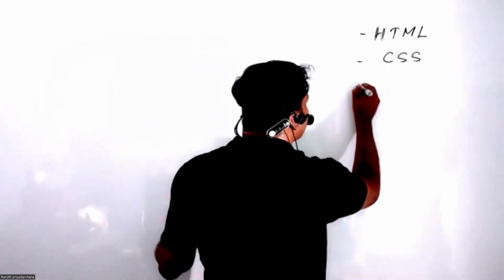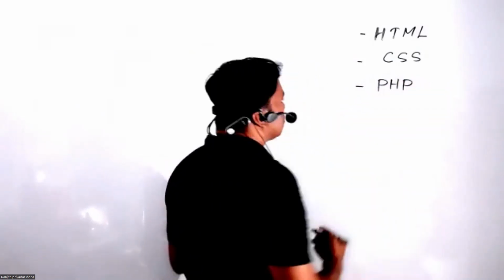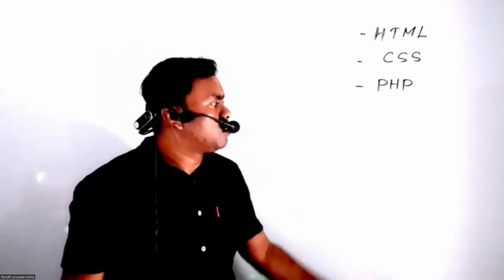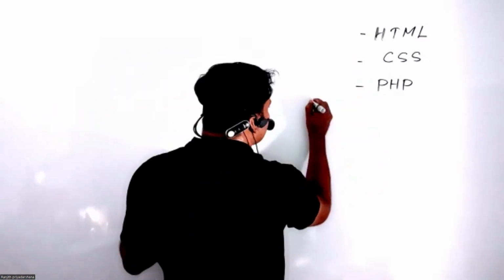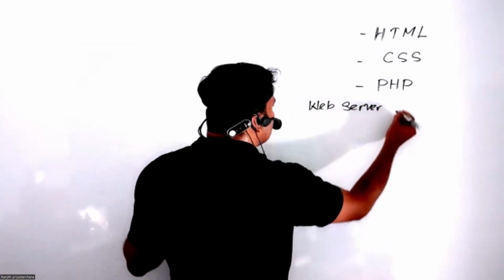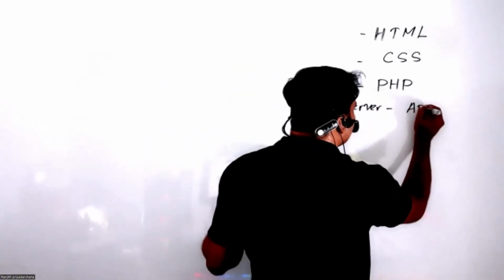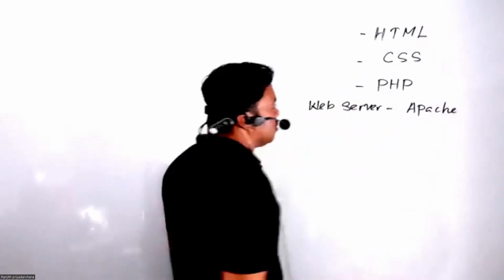Yes, you have to program this, how to write that process algorithm. For that, you have to use a programming language called PHP, right? Okay, when you want to run this PHP, you need a web server. Yes, for that, we are using a famous web server, Apache, right?